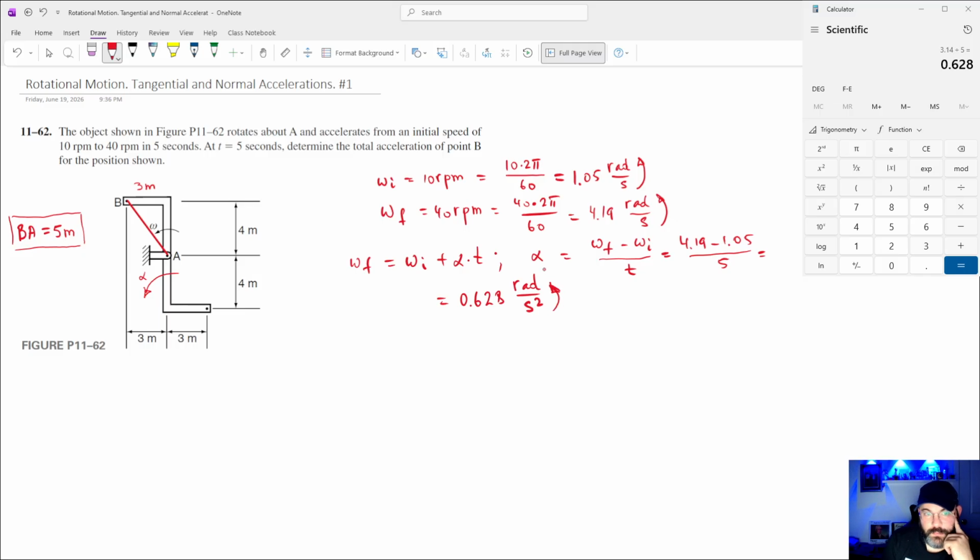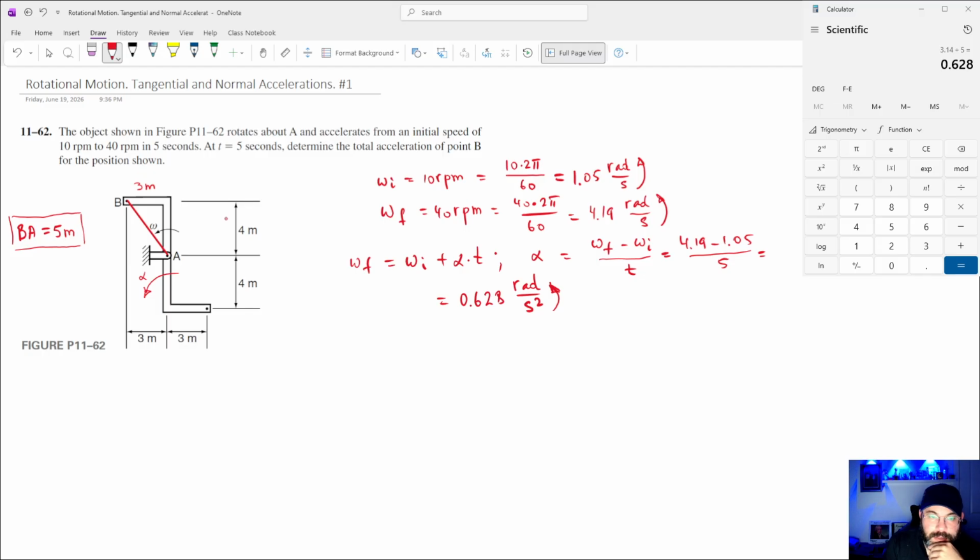Okay, so let's right away calculate normal and tangential components. We have two components of the total acceleration. So we have a normal component, which is responsible for the direction change. Our point B is moving around point A, following the circular trajectory, so the velocity at point B is always changing direction.